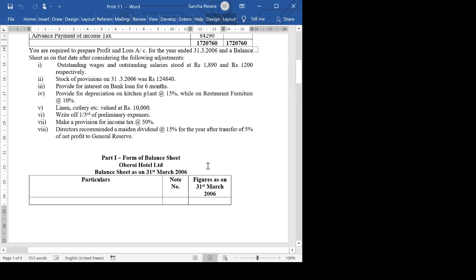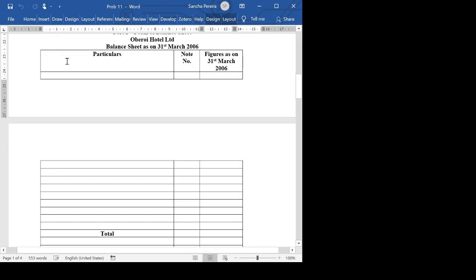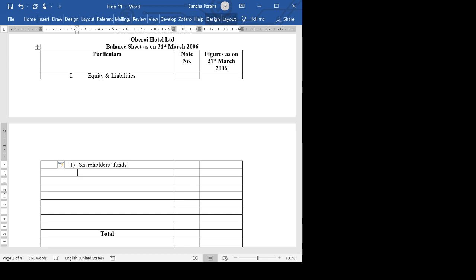So the first thing that we will have here is equity and liabilities. Under that we have shareholders' funds, and under that we have share capital.